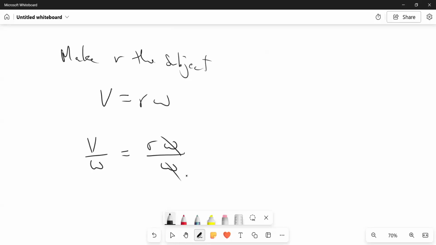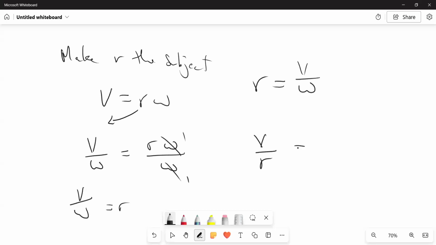And this W and this W cancel out. And you're left with V over W equal R. You want to write it back as R equal, no problem. Some people do the shortcut where they just take down the R, right? They just take down the R there, and you end up with V over R equal W. People could do that, right?